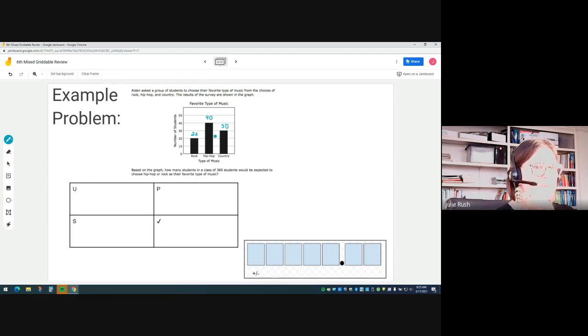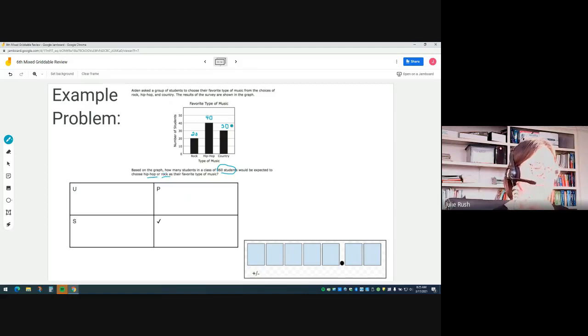Now, based on the graph, how many students in a class of 360 students would be expected to choose hip hop or rock? Okay, well, let's understand, what is the problem asking us? It's asking us to make a prediction, right? Based on the graph, if 360 students were surveyed, how many would we expect to like either type of music?